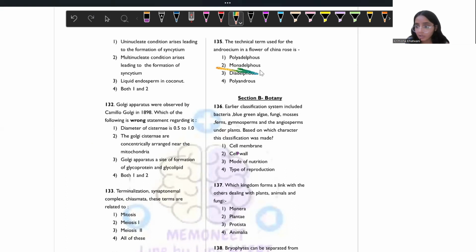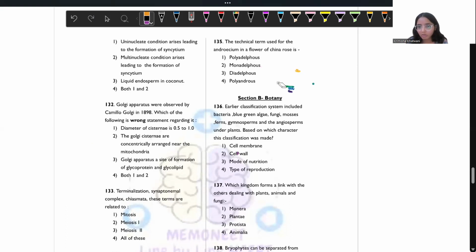It means there's only one bundle. Diadelphous, 2 bundles, is found in pea plant. And polyadelphous, it's very easy, is found in citrus. Understood? So the answer is monoadelphous, option number 2.